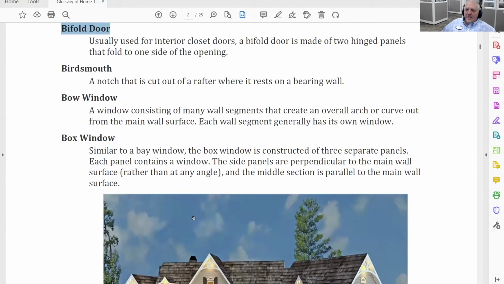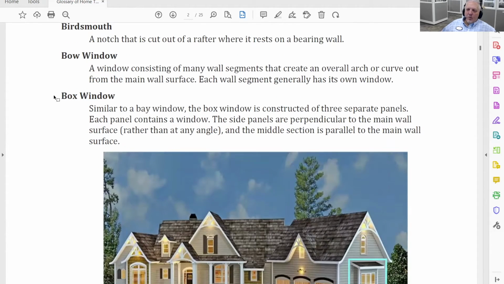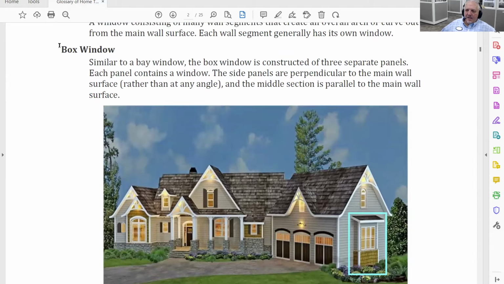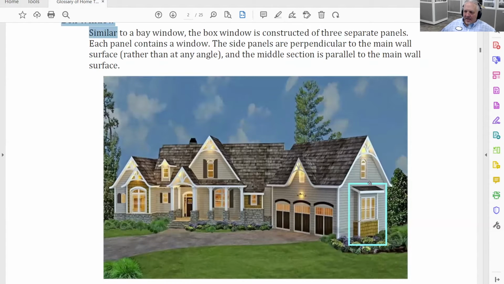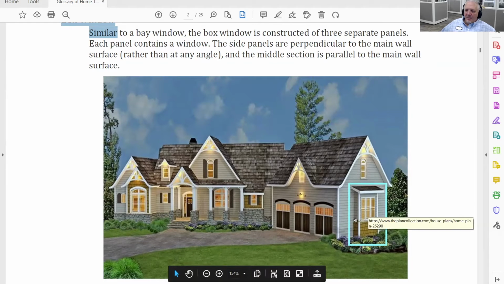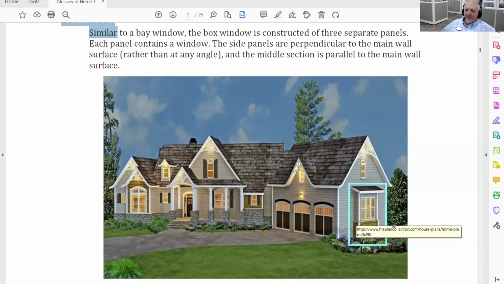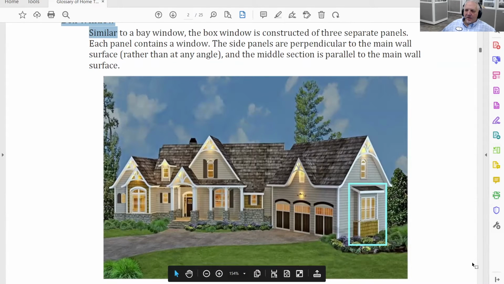All right. Similar to a bay window is a box window. Okay, and that is depicted right here in this photograph. A box window doesn't have a window on the two angular sides. It literally just sticks out and creates some additional space within the home.